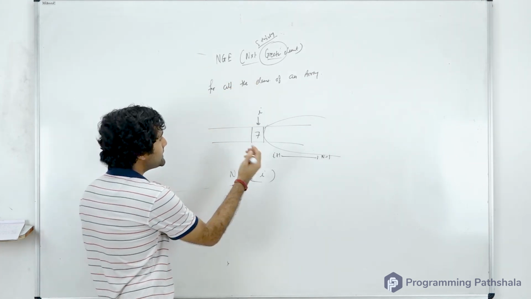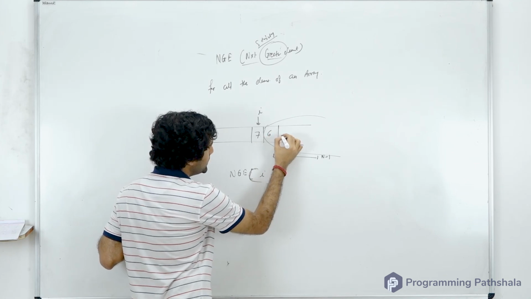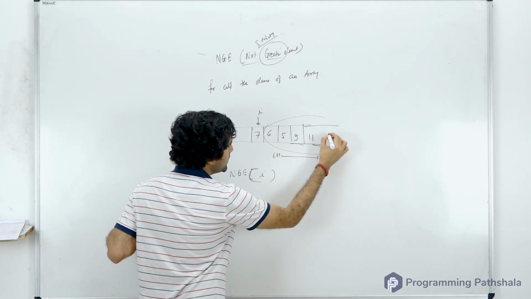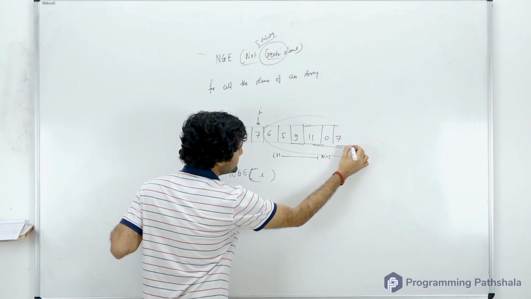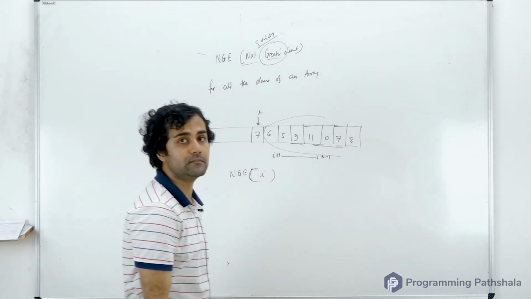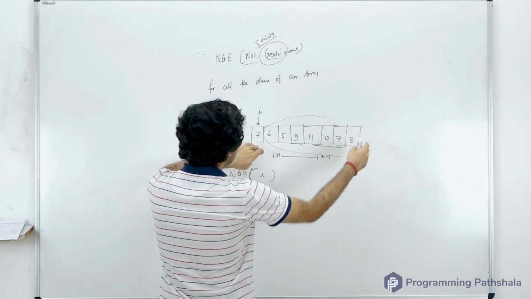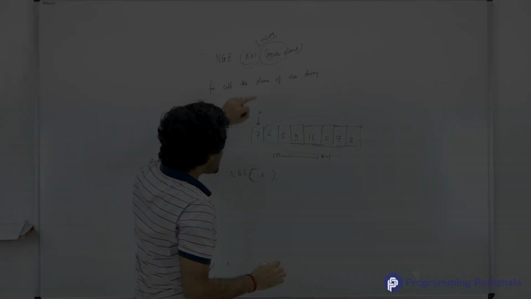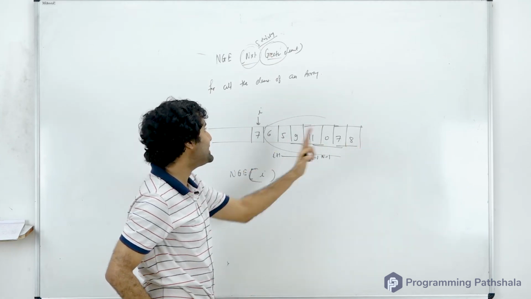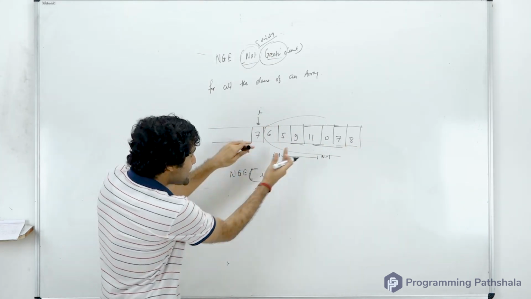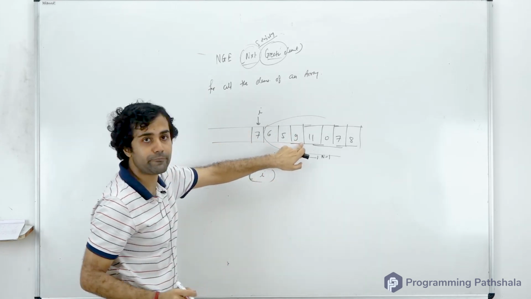So let's say you have a 7 here, you have 6, 5, 9, 11, 0, 7, and 8. Can you tell me what will be the next greater for this 7? On the right side of 7, which elements are greater than 7? Out of all of them, I want the element which is as close in terms of location, not in terms of magnitude.